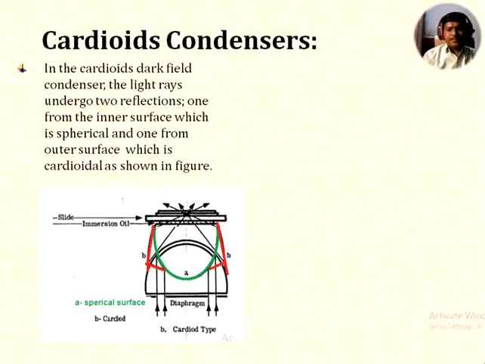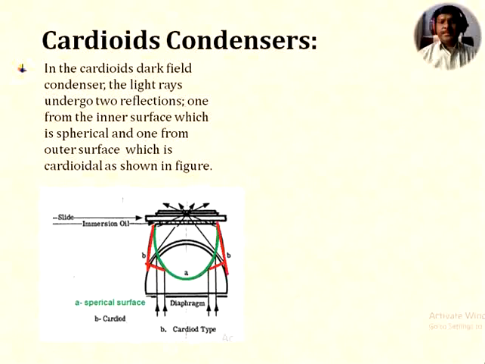So this is the diagrammatic representation of the cardioid type of condenser, and specifically here we have to concentrate on B, which is red in color, and that is the cardioid type of condenser.